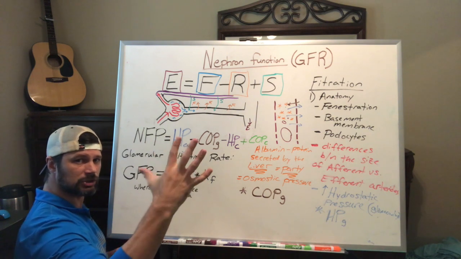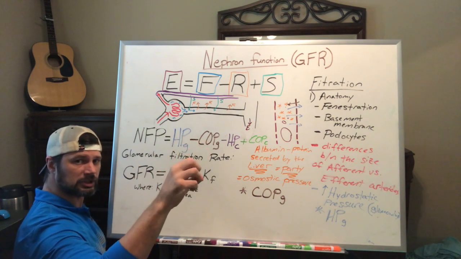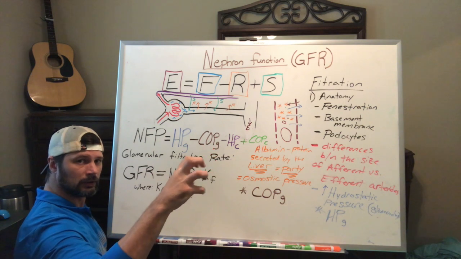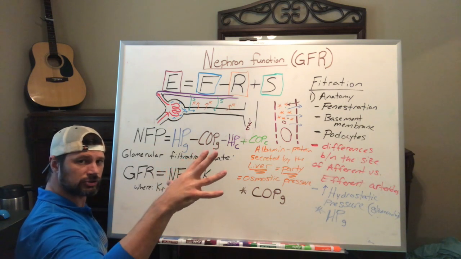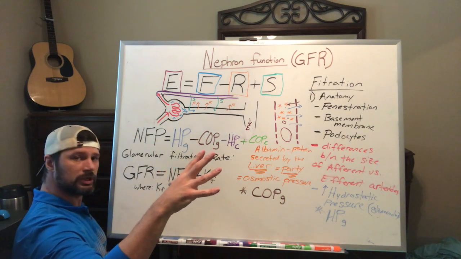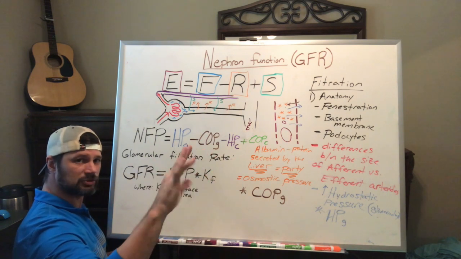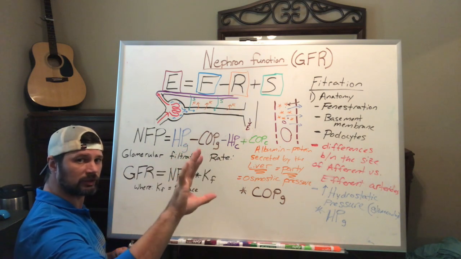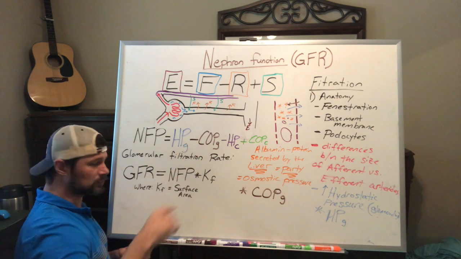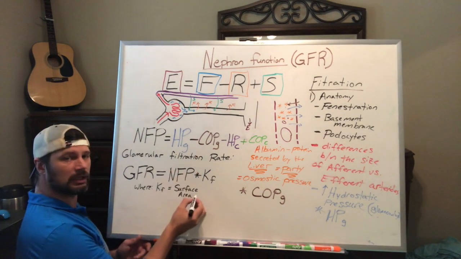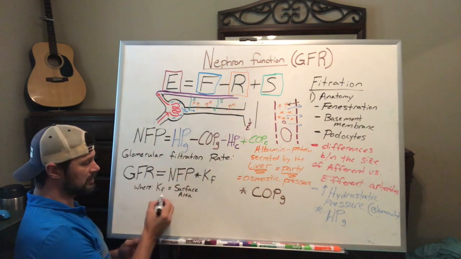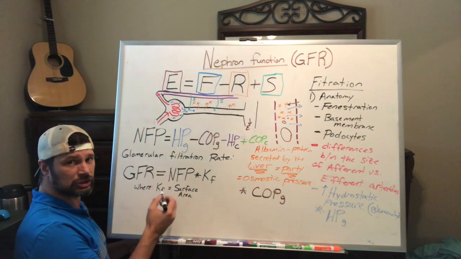What just happened to the surface that's now exposed to the world? We're increasing the surface. So what do you think is going to happen to the amount of potential filtration across that surface? It increases with it. So as the surface area of the glomerulus increases, this is going to make filtration easier.